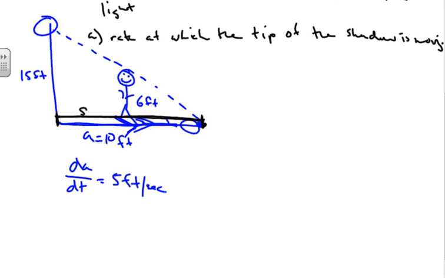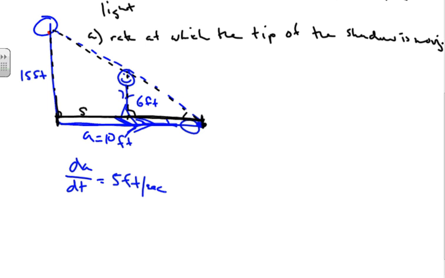Now, to figure this out, the first thing you notice is that, as with many shadow problems, we actually create two similar right triangles. Whenever you do a related rate problem, the first thing you have to do is figure out the equation after you write everything out. The equation we're going to use is a proportion.